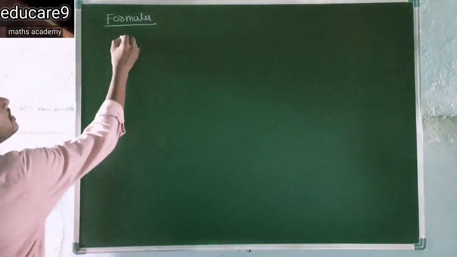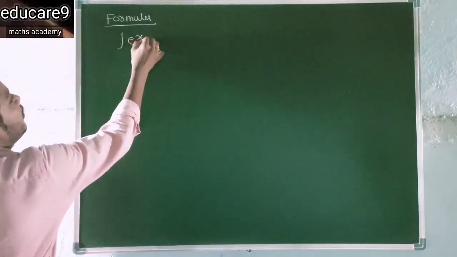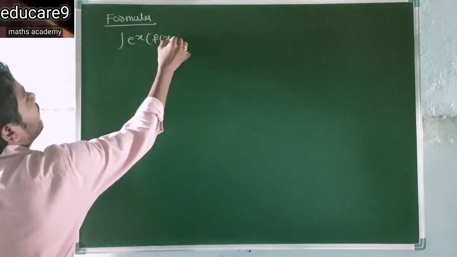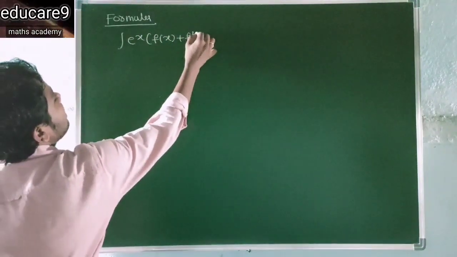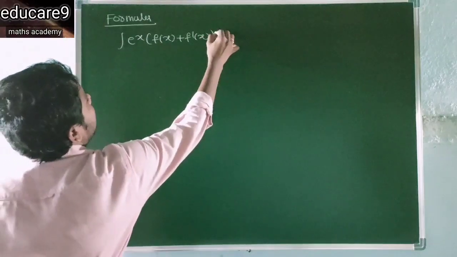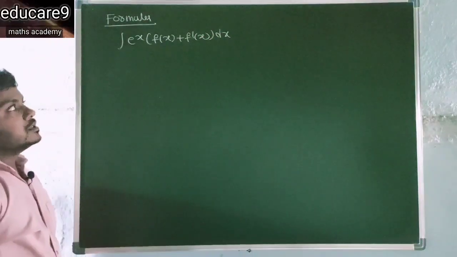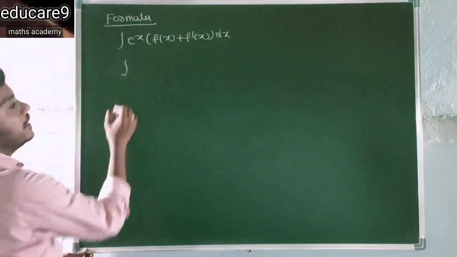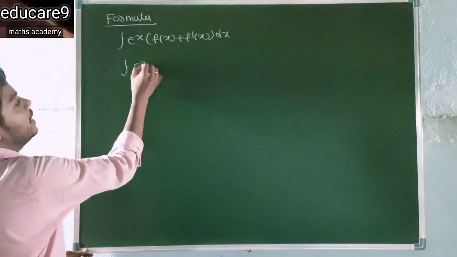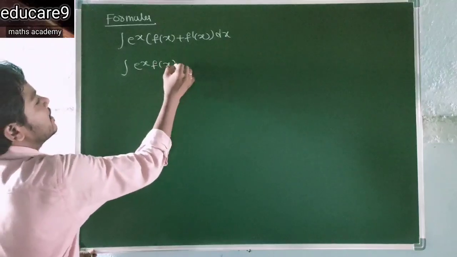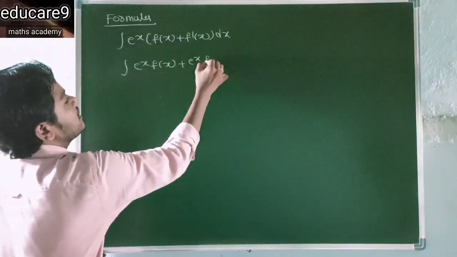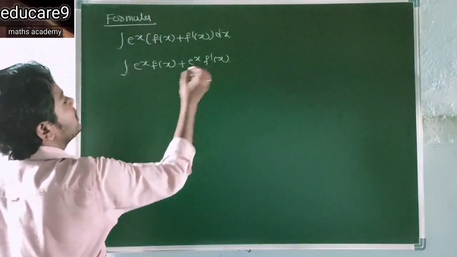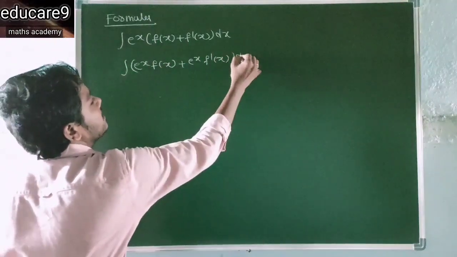So that is integration of e power x into f of x plus f dash x dx. See here, this can be written as integration of e power x f of x plus e power x f dash x whole dx.